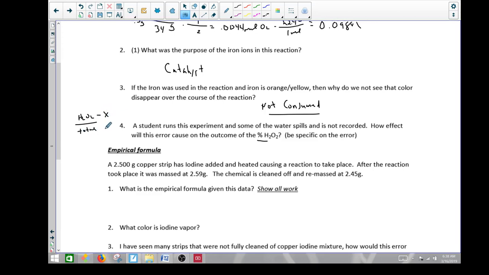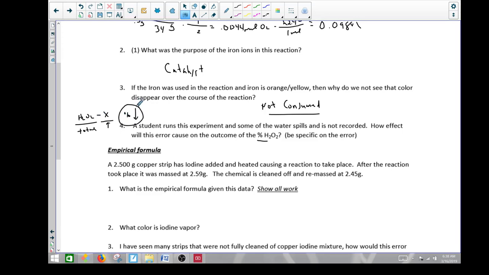But the total volume will increase, assuming that is where they dropped it in. That affected that bottom number. Take your original moles or volume for the top number, divided by this guy getting bigger, and that is going to cause the percentage peroxide to drop.